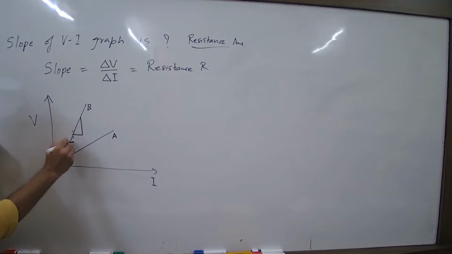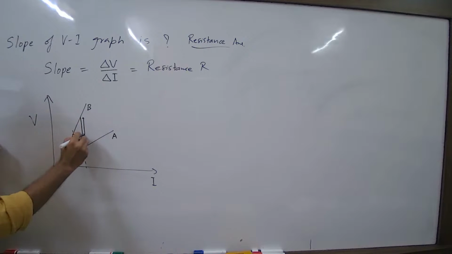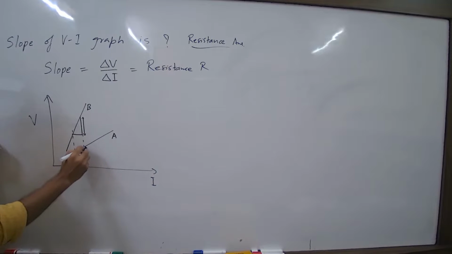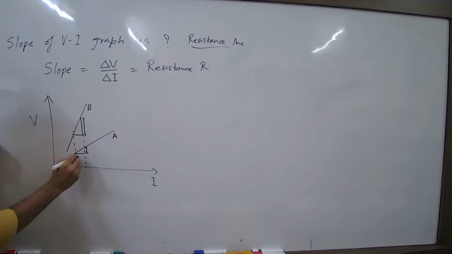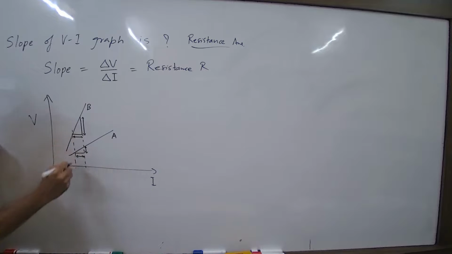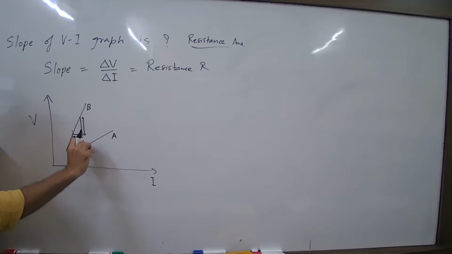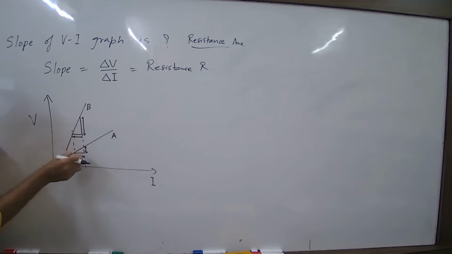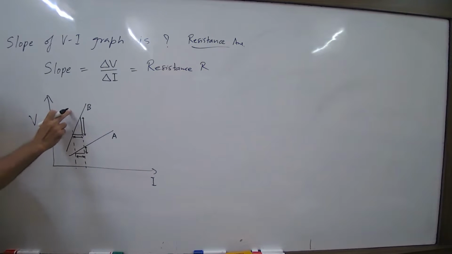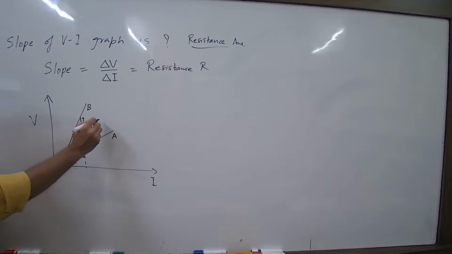For the same variation in x-axis, the y-axis variation is this much in case of B, whereas the variation for A is less. Now you understand what slope is. So which graph is steeper? B.